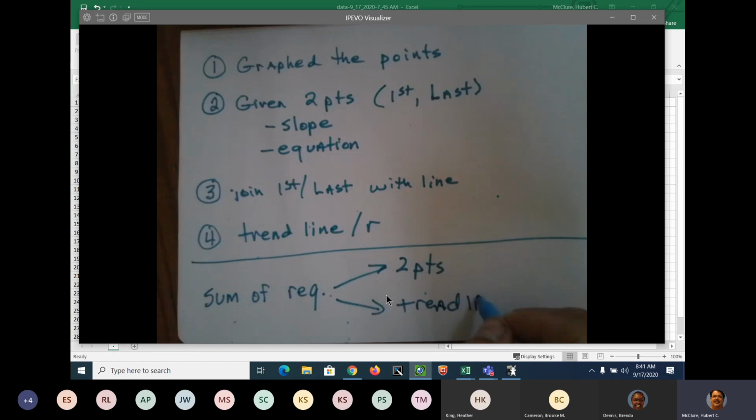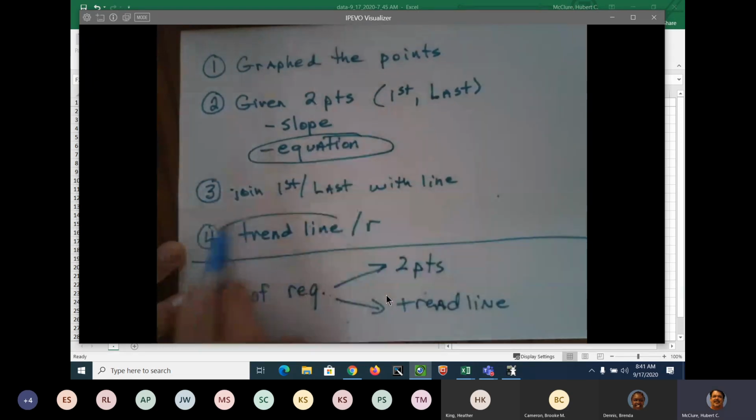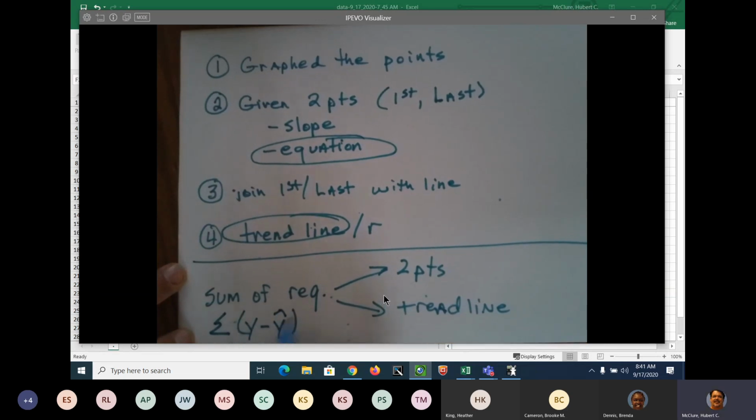So that's the 2 numbers that you've got to find. And how do you do that? Well, I told you the sum of the regression is equal to the summation of y minus y hat, squared.